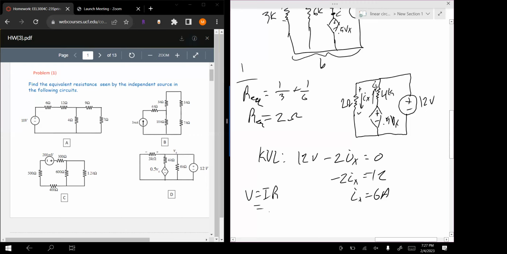So that's going to be 12 volts, 6 times 2. So I'm going to assume this is our VX value, meaning that I'm also going to assume that this voltage dependent voltage source is going to be outputting 6 volts, is my assumption.